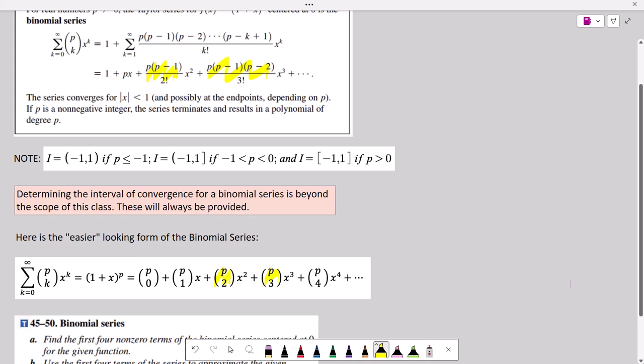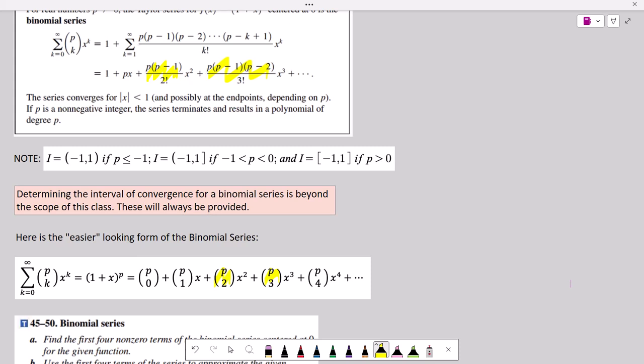But rewriting it like this makes it look a lot like a series that you're super familiar with by now. If we call this the BS, the binomial series, it's similar to the GS, the geometric series, which has powers of x. The binomial series has powers of x with binomial coefficients, though.